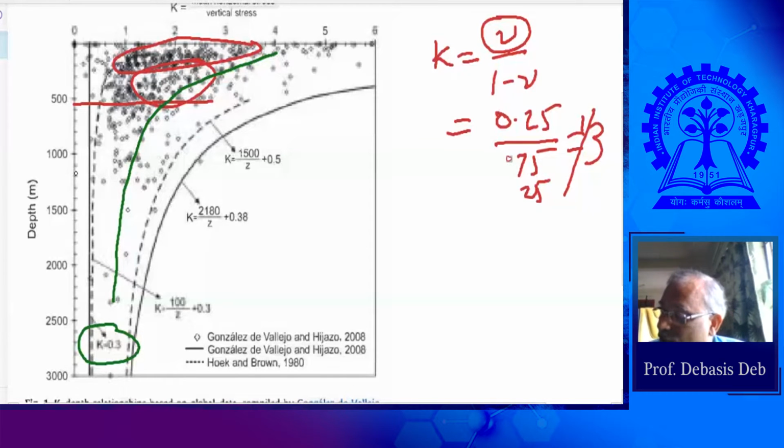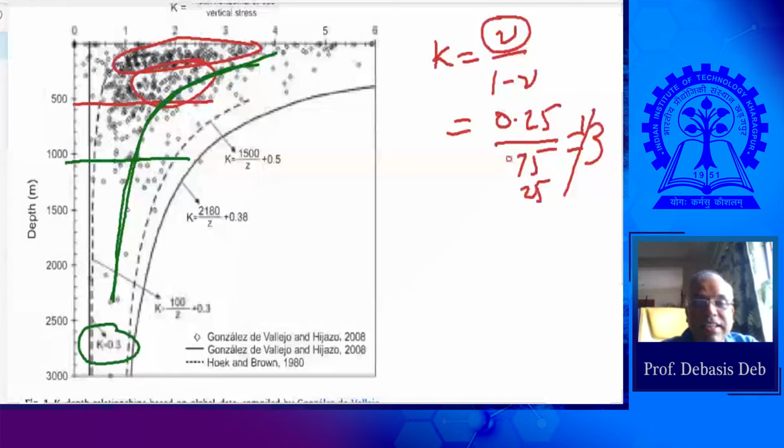But our mining zone is more or less, let's say, 1 kilometer. So in the 1 kilometer, even the median one is not coming to be 0.3. So I wanted to show you this plot so that you understand what is happening.